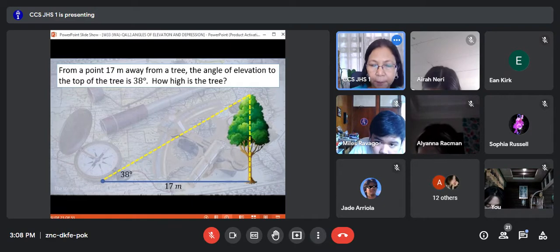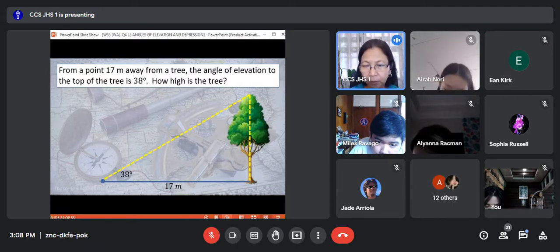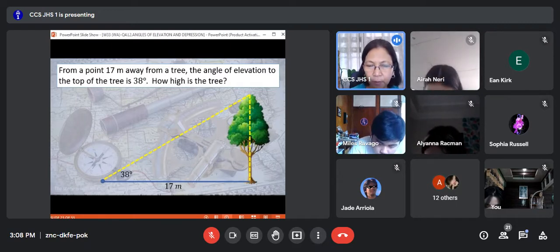Your eye is here. So your line of sight is the yellow line. Do you follow? So from that point, 17 meters away from the tree, the angle of elevation to the top of the tree is 38 degrees. How high is the tree?